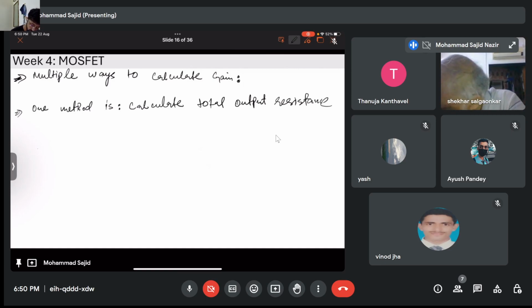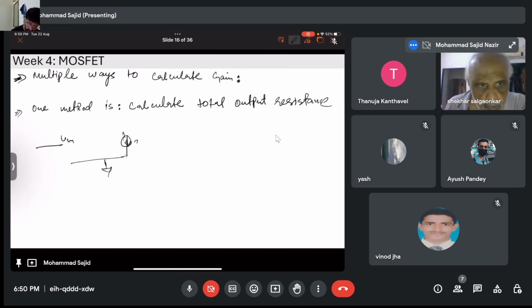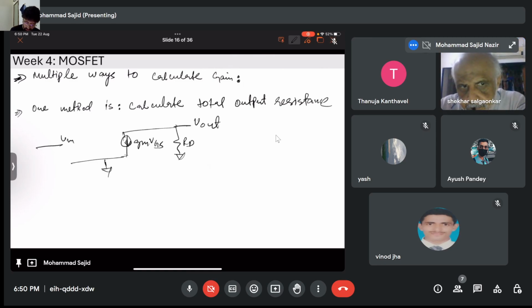For a simpler circuit, if this is V in, this is grounded, let me draw it for NMOS, VGS, this is RD. Can you tell me the gain directly? What will be the gain for this circuit? Minus GM RD.